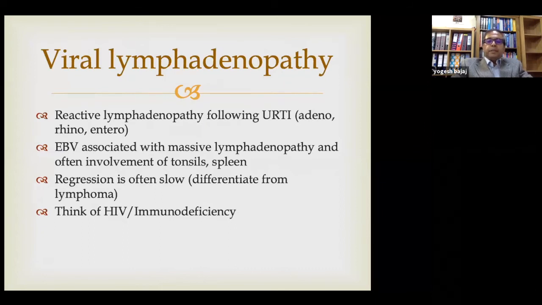You and me don't even end up seeing the majority of these. They just end up going to the GPs who observe them or give them some treatment if needed, and they go away. But of course, if somebody gets referred to you, large swellings and not disappearing, of course, send them for investigation, and do think in terms of immunodeficiency.